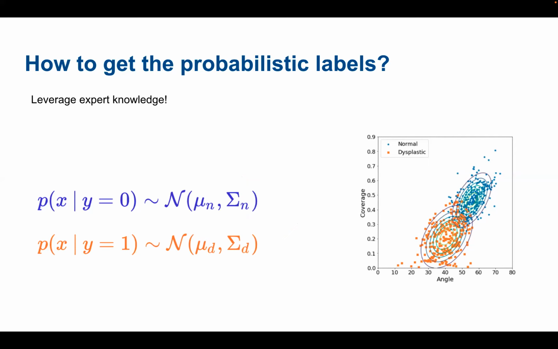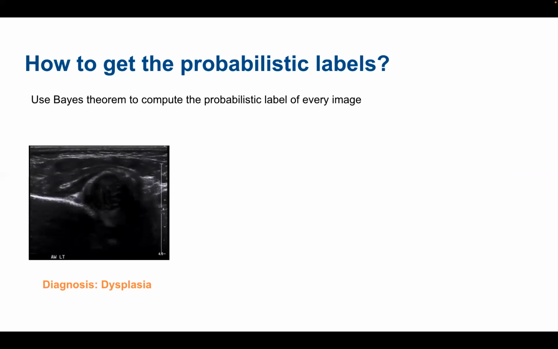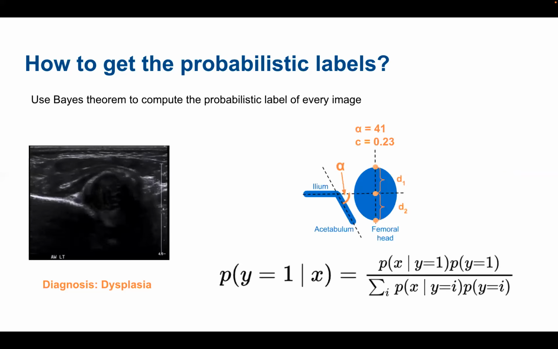The probability depends on how close you are to each center. That's the easy way of looking at this. The thing is that we can compute the probability for every image. For example, we take this image, we see where in the plot it is, and then we can calculate that the probability is 97% of having the dysplasia and 3% of being normal. And then you do this for every image, and then you can train the system.